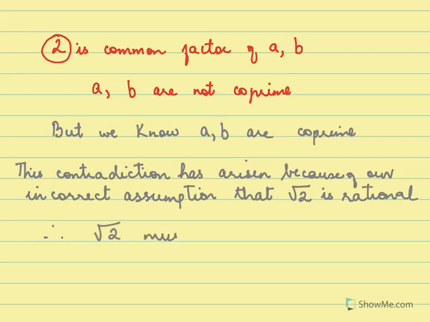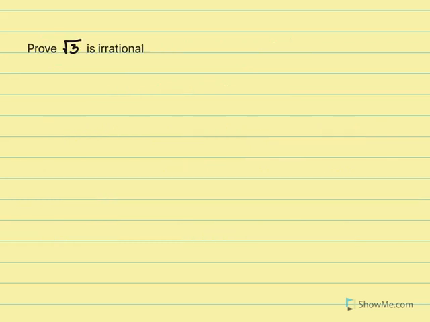Root 2 must be irrational, because if we take root 2 as rational, we get this contradiction. So therefore, we say that root 2 must be irrational. Our assumption that root 2 was rational was incorrect.